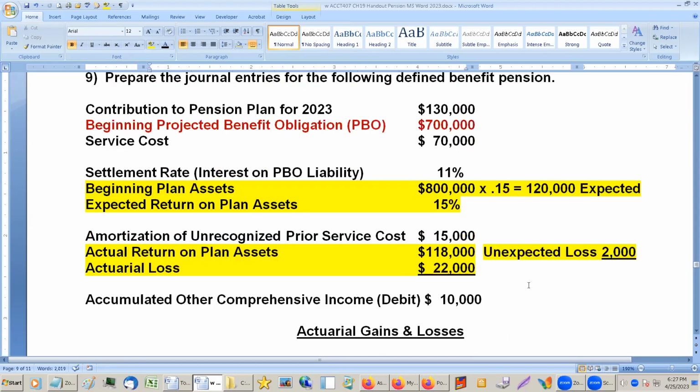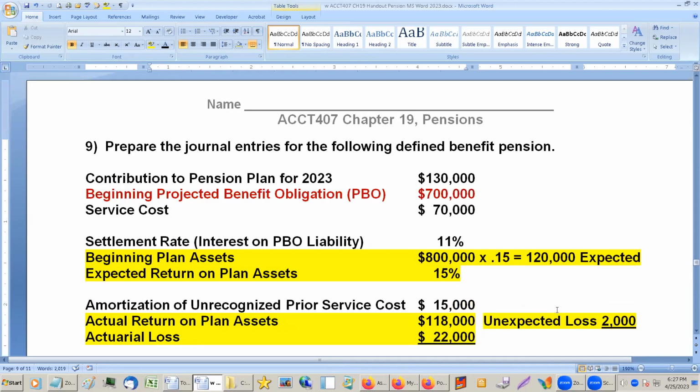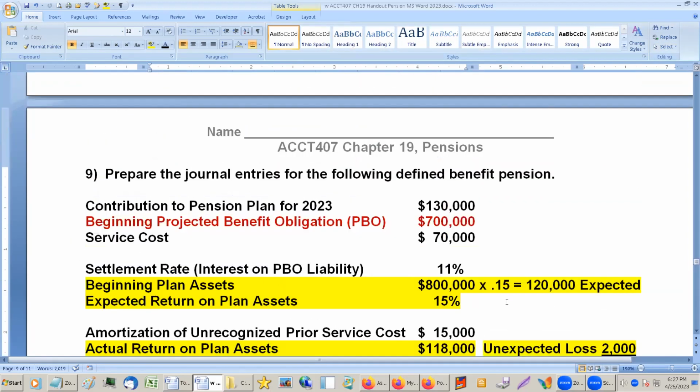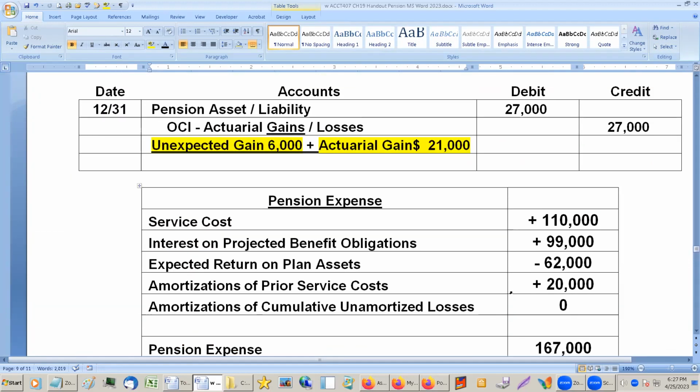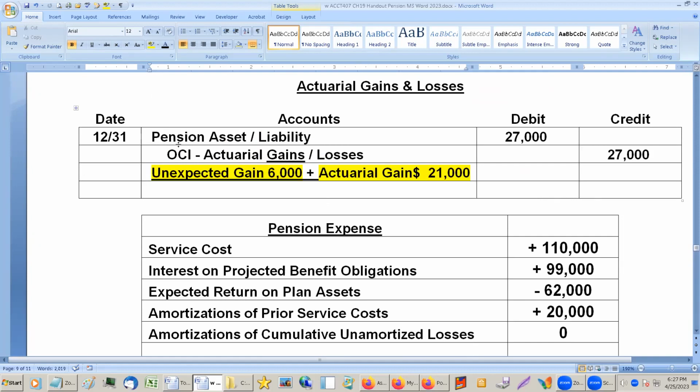Anyone? Do we flip the pension asset liability? Yep. Because it's a loss? Yeah. So the pension asset liability, okay, so this will be actually a loss.